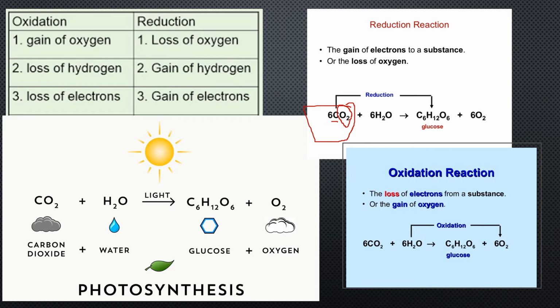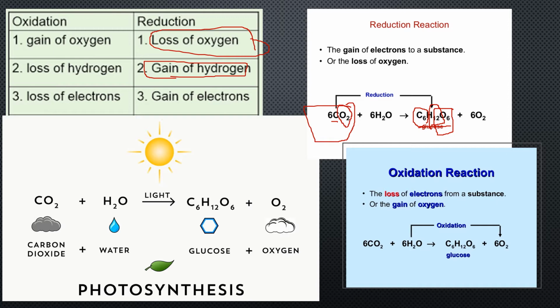When that gets converted to glucose, we notice that we still have 6 carbons, and our hydrogens now become 12, so we have gained hydrogen, and our oxygen is now down to 6 instead of our original 12, so we have lost oxygen. In that reaction, we have also gained electrons. So that is the reduction side of photosynthesis.